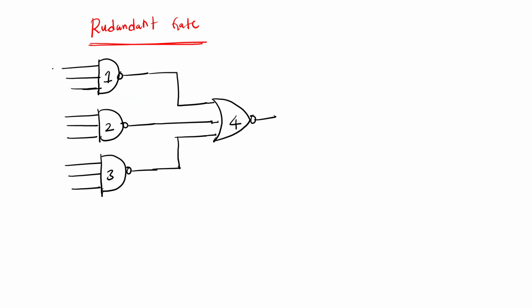They gave the inputs A, B bar, C, then A bar, B bar, C, and then A, B, C bar. They are asking what is the redundant gate in the given combinational circuit.